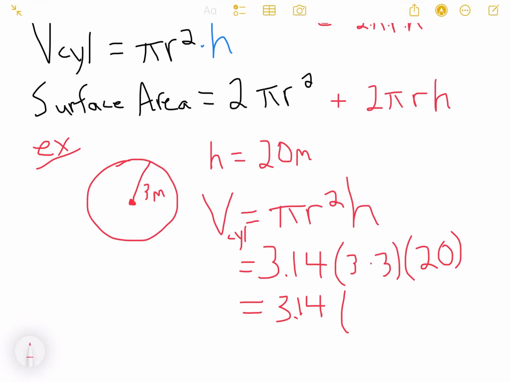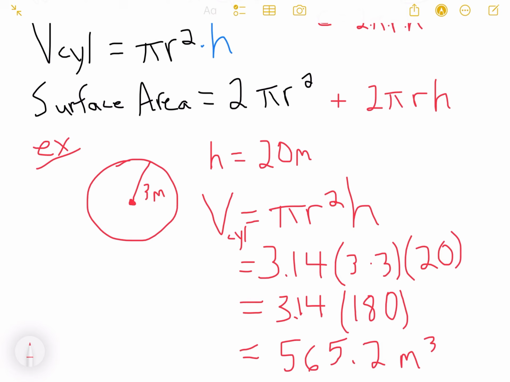Well, that's 180, so I have 180 times pi. And now that you have access to your calculator, you can multiply this out, or if you don't, you can figure out how to multiply it out. And so then what do you get? You get 565.2 meters cubed.